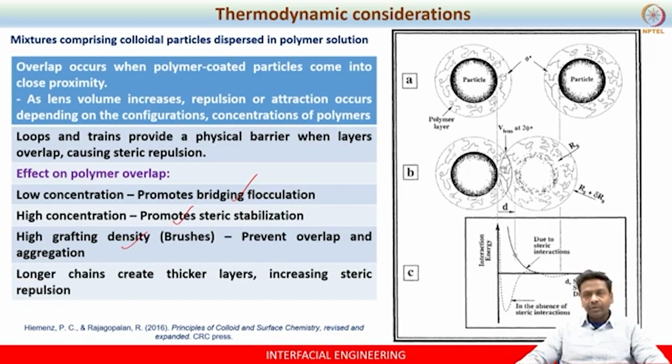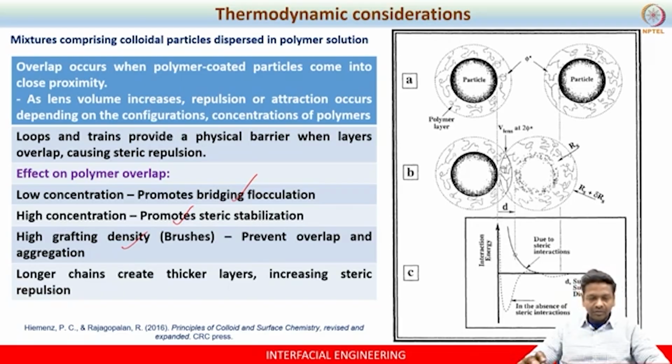If the concentration of the polymer segments on the surface is good, we expect good stabilization due to steric hindrance. Whereas if the concentration is too low, we expect bridging flocculation.